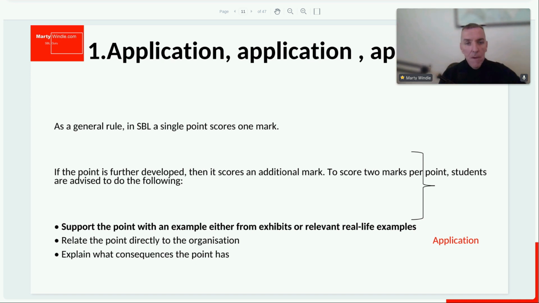The first mark is for making your point, but then you've got to link back to the case to get that second mark. The second mark is available for expanding on your point. You've got to provide an example, and that example must come from the exhibits. Occasionally, it can be a real-life example. If they're asking about cybersecurity, you can quote a company that's using a particular cybersecurity system.